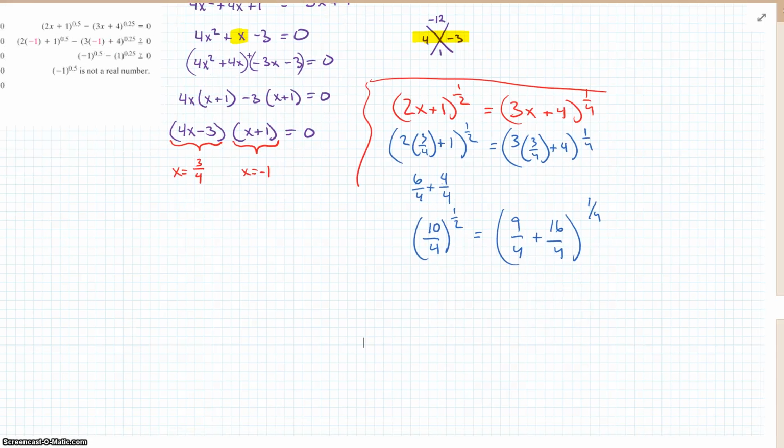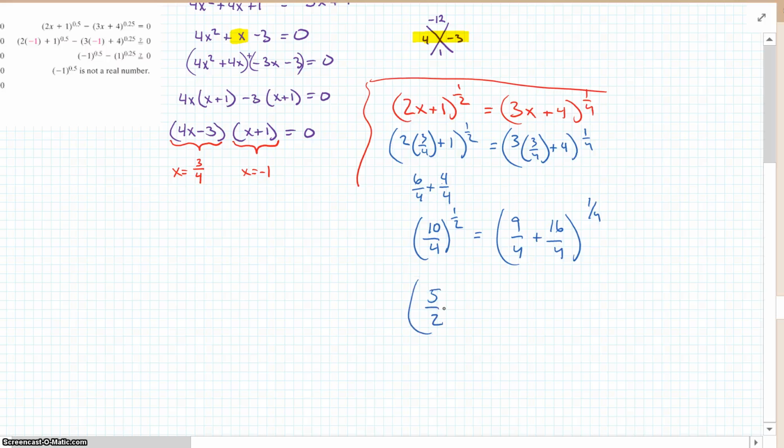So now I can rewrite this as basically (5 over 2) to the 1/2 power equals (25 over 4) to the 1/4 power.